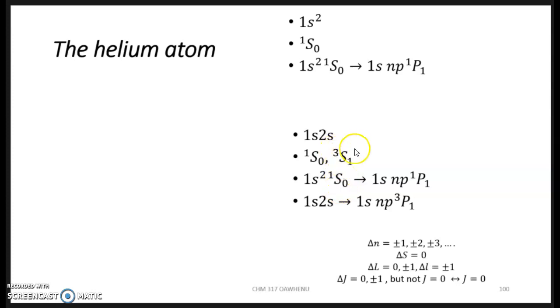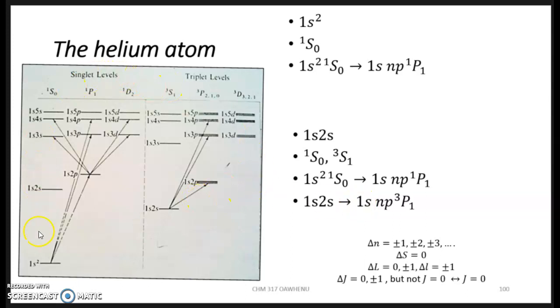Then the triplet state 3S1 can go to triplet P. Anyway, in the diagram, this is the singlet energy levels. We can go from 1s2 to 1s2p, 1s3p, 1s4p. Then from 1s2p, we can go to 1s3d, 1s4d, or we can go to 1s3s, 1s4s, following the selection rules. And for the triplet states, we can go from 1s2s to 1s2p and 1s3p.